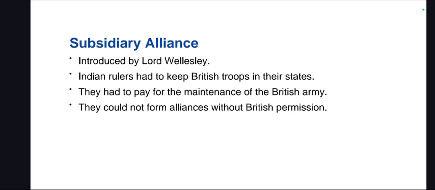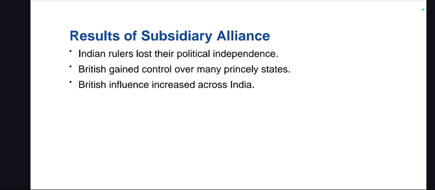Means if they wanted to make any agreement, they had to take the permission of British officers. Only then would permission be given. Otherwise, if they said no, whatever agreement they were making would completely stop there.